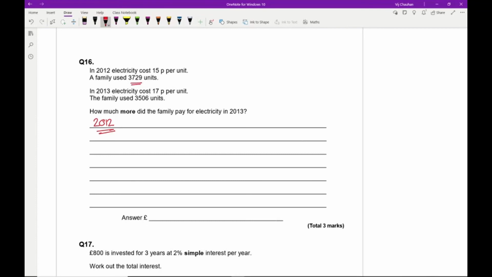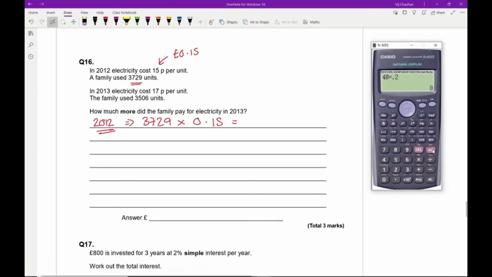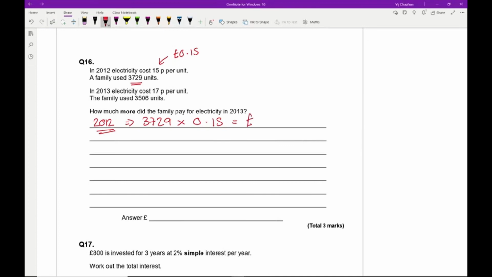So 15 pence in pounds is 0.15. So it's going to be 3,729 times 0.15. And again, if I type that into my calculator, I get an answer of 559 and 35 pence.